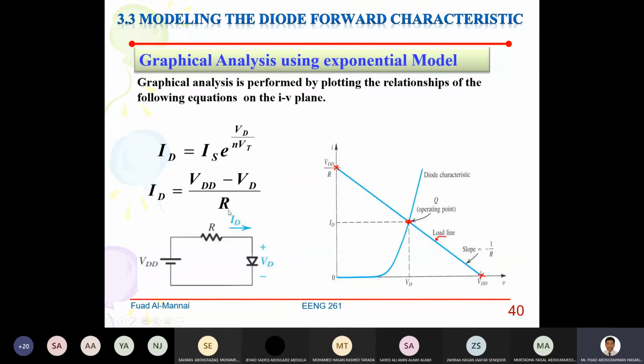If I take that diode and put it in a circuit like this, I get VDD connected to R, and then connected to a diode. One thing I want you to remember is to try not to connect the voltage supply directly to the diode, because there is a chance that you will burn it.